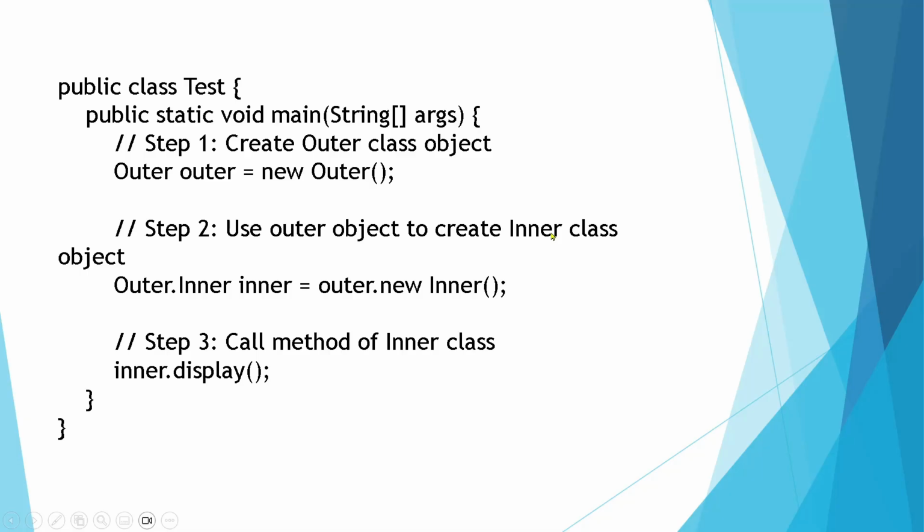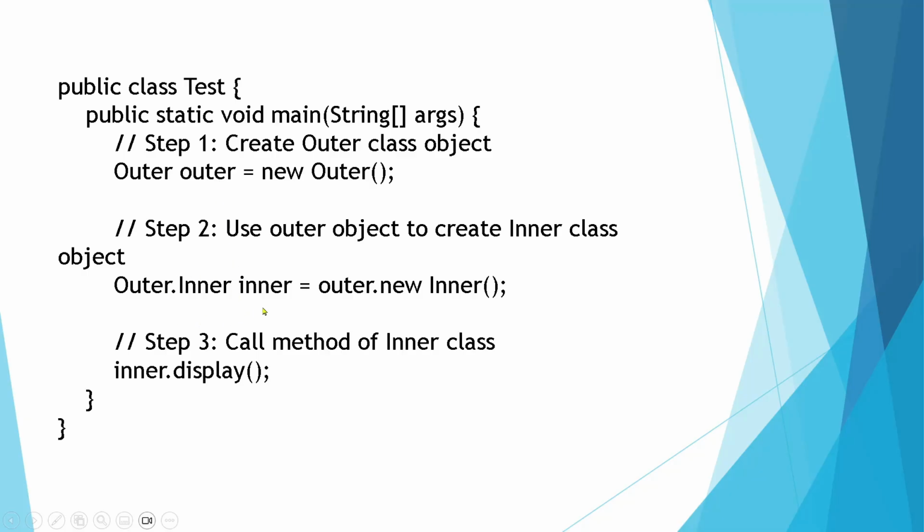To create the object of the inner class, the syntax is you have to write outer class name dot inner class name. After that, the object for the inner class is equal to the object of the outer class dot new Inner. So here this outer is the object of this outer class. It starts with a capital O, meaning this is a class name, and when we use a small o it is an object name.